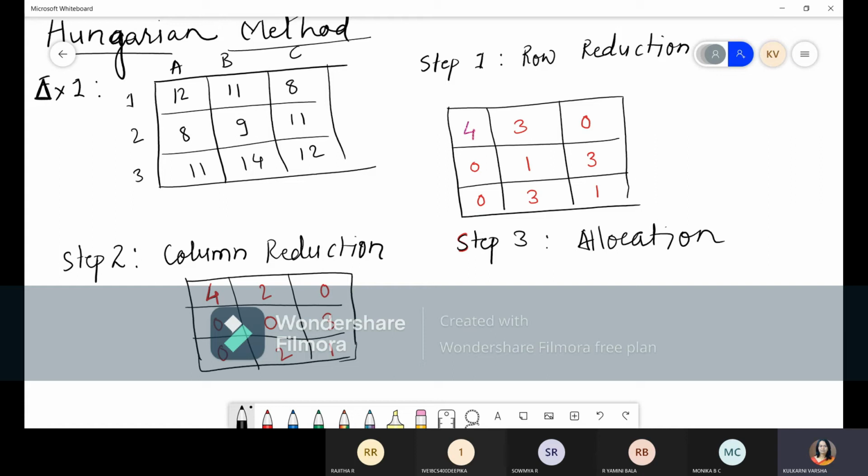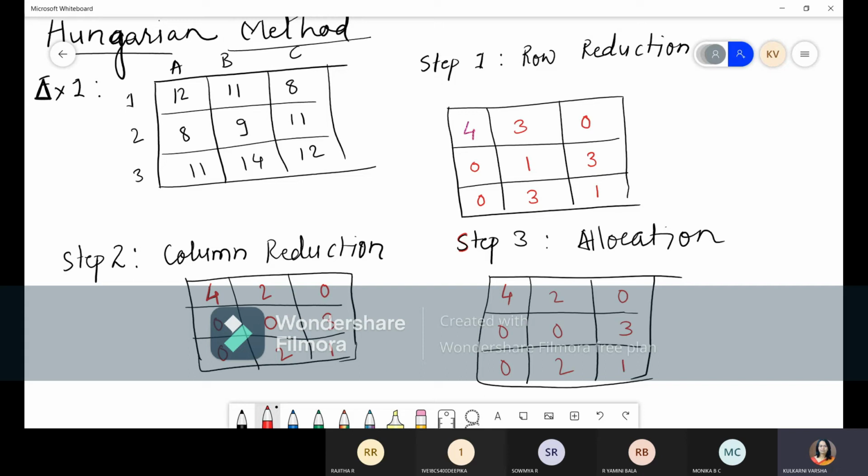In this allocation, we have to scan the elements row-wise and assign the 0 in a row having a single 0, and cancel the respective column. Don't get confused. We will do this allocation on this matrix only. I'll redraw that matrix once again.